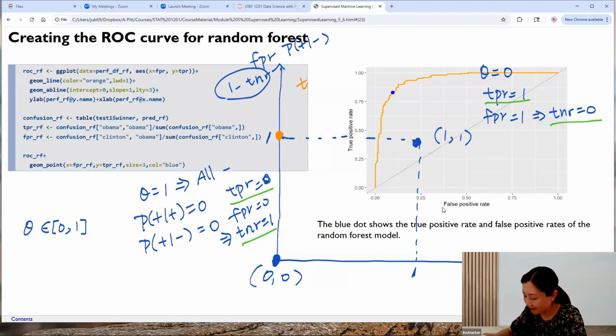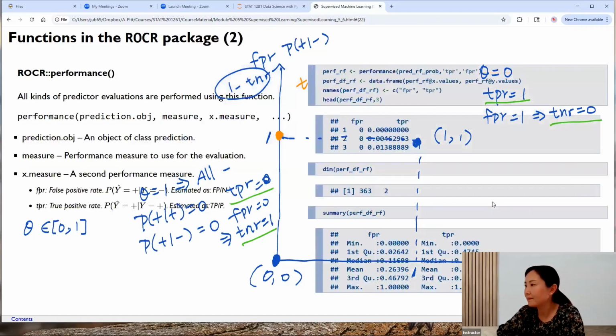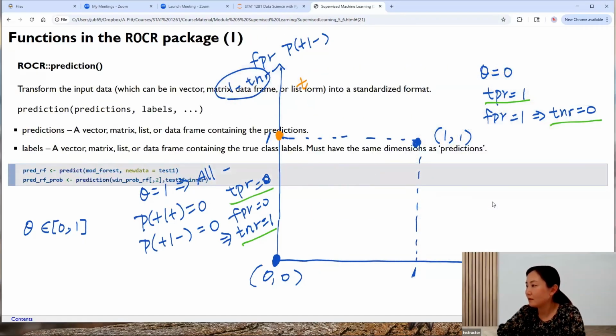Oh, sorry. I drew it the wrong way. The x-axis should correspond to false positive rate, and the y-axis should correspond to true positive rate.